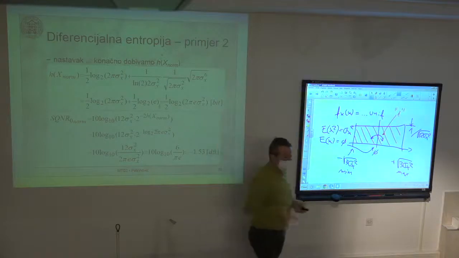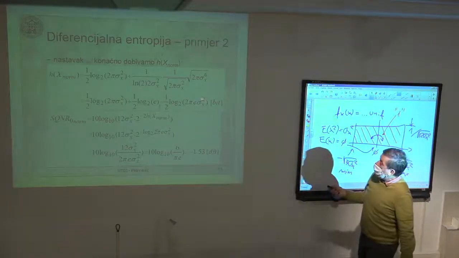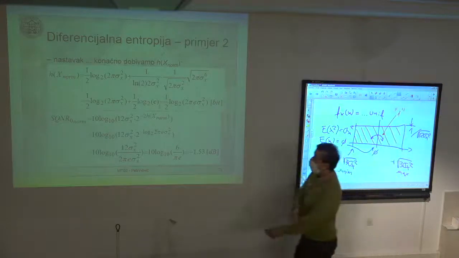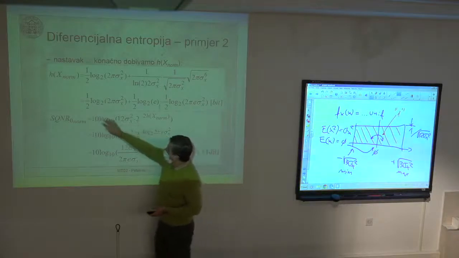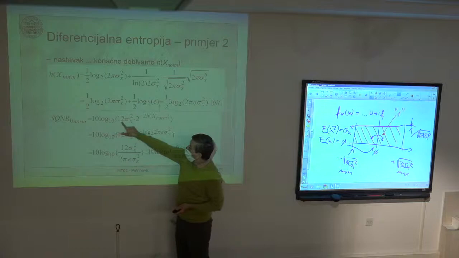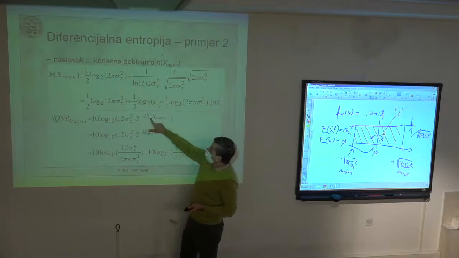Okay, so that is the reason that I told you before that this variance would be cancelled once I insert this expression for differential entropy into the expression for S2R0, for the offset. Because in the expression for S2R0, I have 10 log 10 of 12 times variance, and then multiplied by 2 to the power of minus 2 times differential entropy.